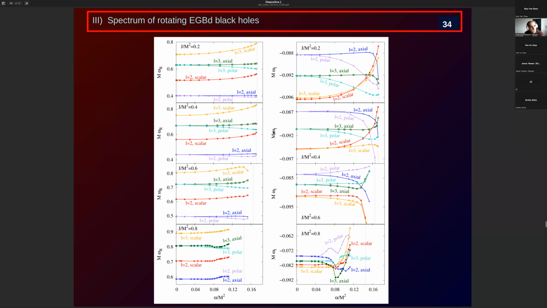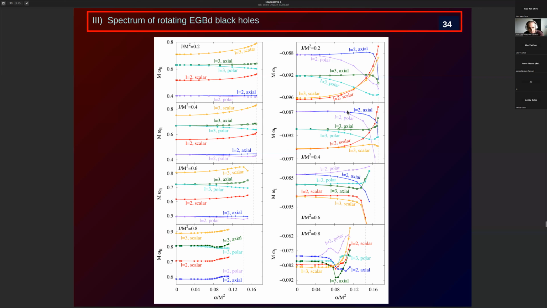Remember that the inverse of the imaginary part gives you the damping time. That means how long lived is each certain component of the perturbation, right? For example, what this is telling you is that the L equals 2 axial modes dominate slightly the polar L equals 2 modes, okay, in this region. And of course, it dominates the other ones because the imaginary part is a bit smaller.